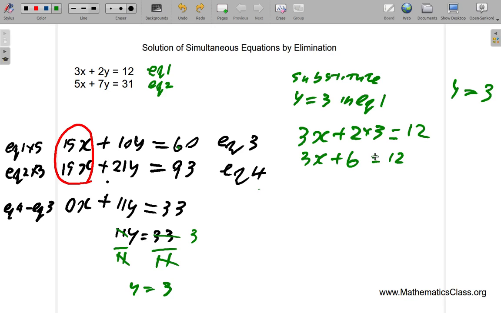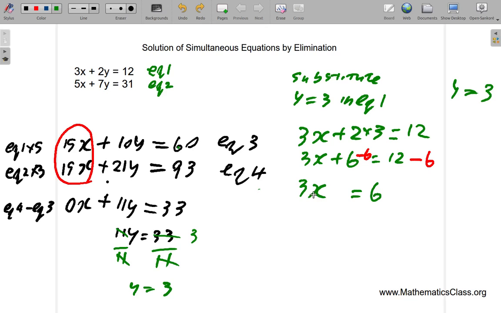Okay, now let's remove the 6 and then remove the 3. How do we remove the 6? Subtract 6 from both sides. So what we have is 3x, 6 minus 6 is 0, that's gone, equals 12 minus 6 is 6.